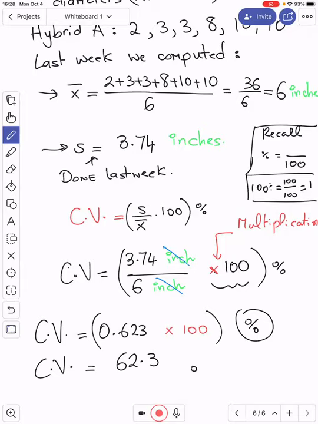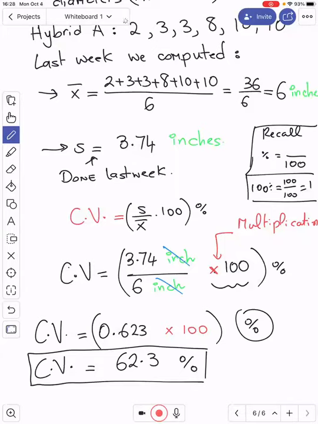So it's 62.3%. That's my coefficient of variation. Make sense to you guys? So again, the coefficient of variation is just the ratio between the standard deviation and the mean.